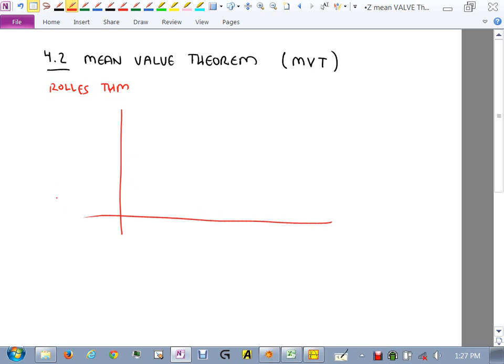Rolle's theorem says this. Let's say that you have a function that starts at A and ends at B, and that they're the same, that at the beginning and at the end, the value of the function is 0. So f of A equals f of B equals 0.